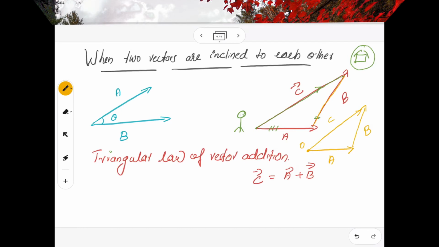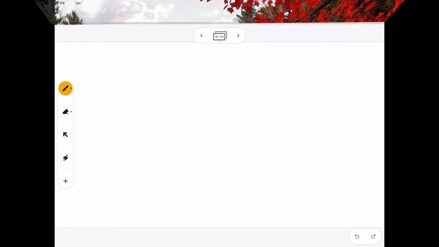I will explain it once again. Let us consider another triangle like this, triangle PQR. Suppose I take vector RQ like this, with the arrow mark towards the right side. Now vector PQ has an arrow mark like this.